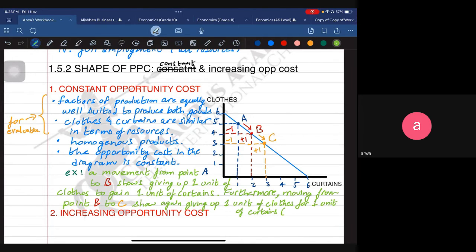So this shows that the opportunity cost is constant.